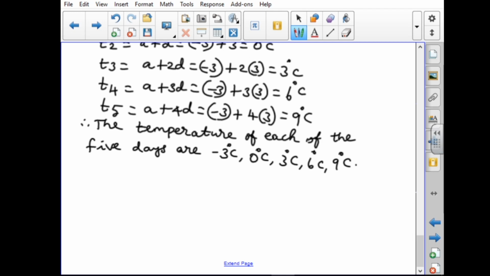So now we have got the temperatures for Monday to Friday. That's all, the sum is over.